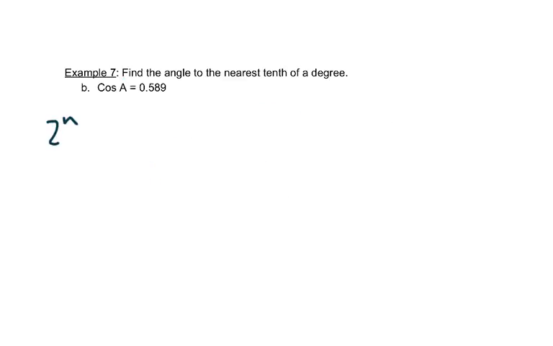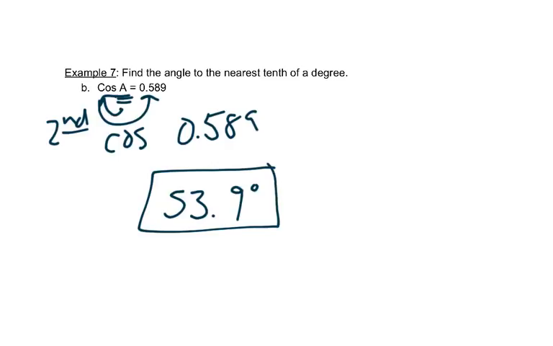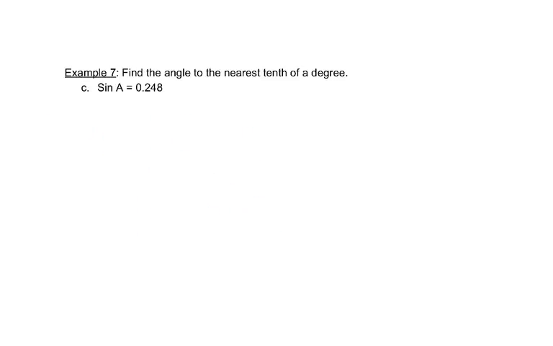So here we'll hit second, cosine, 0.589. So if we're trying to find this, we have to start with hitting second, and then this, and then this. And that gives us 53.9. There's a 1 after that, so the 9 stays a 9. So here we'll hit second, sine, and then this.